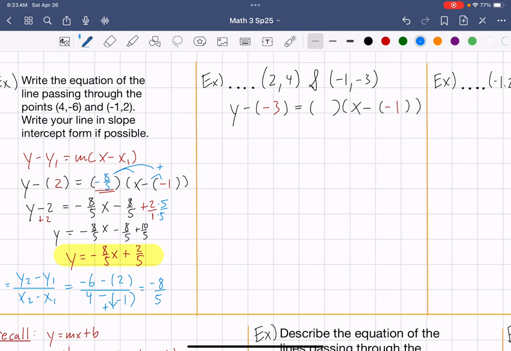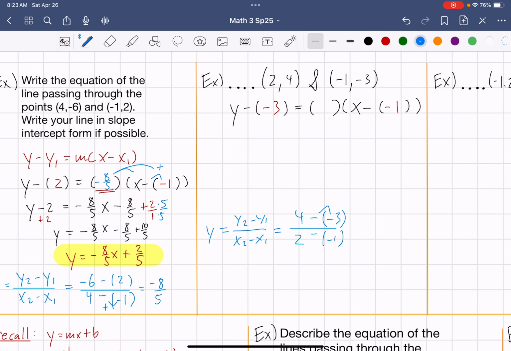But now I need to find the slope formula, which is y sub 2 minus y sub 1 over x sub 2 minus x sub 1. So like I said, just make sure they're from the same ordered pair. So the first one, the y is a 4 and the x is a 2. I'm going to subtract the y, which is negative 3, and the x, which is negative 1.